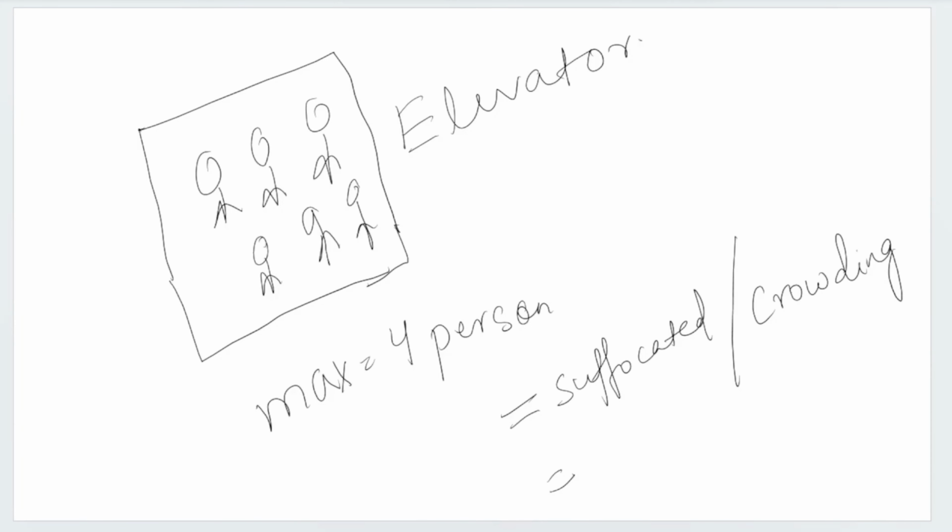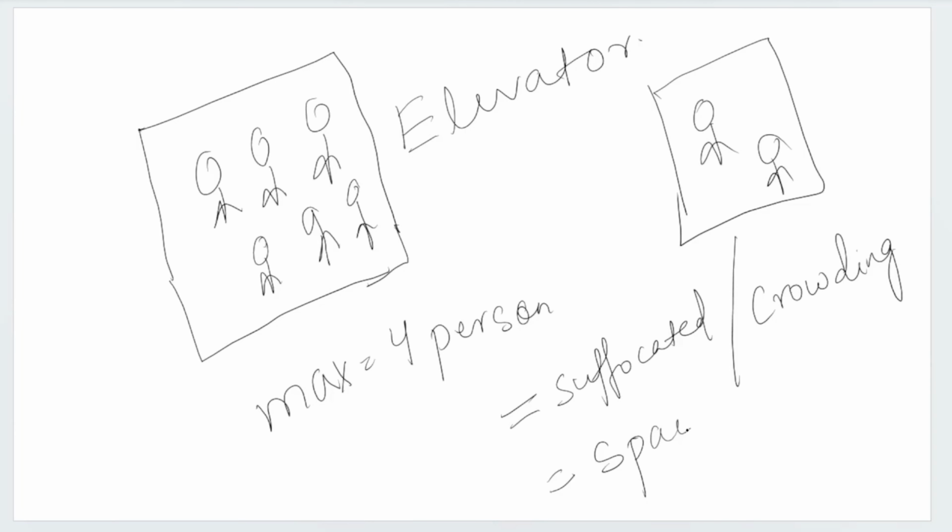If there are 2 persons, there will be lot of space in between them, that is spacing. Okay, to accommodate here in this elevator, some person might rotate themselves, that is rotation.